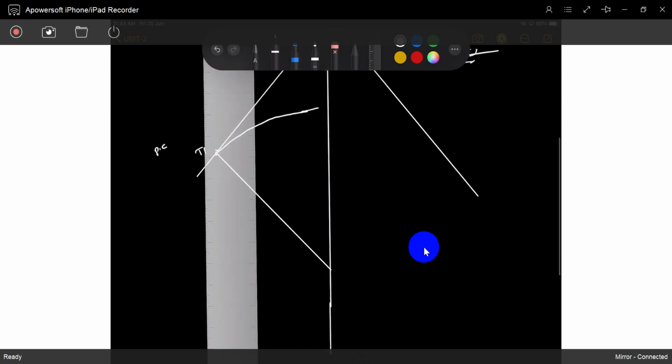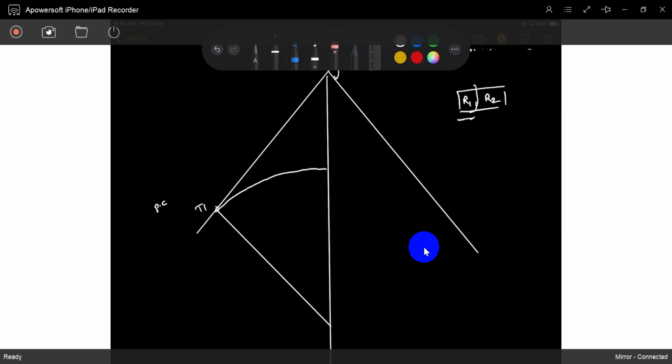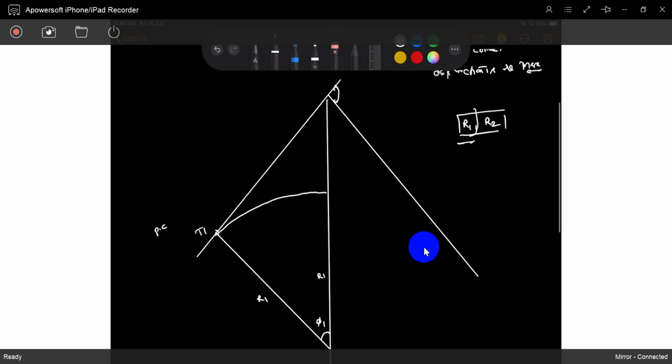This is R1, and this is also R1. Maybe this angle is theta 1. Just observe it.